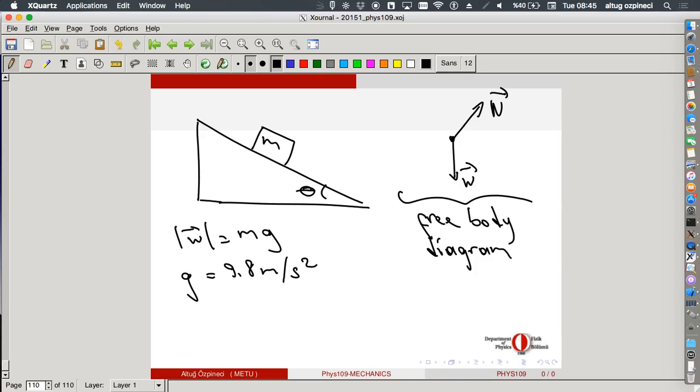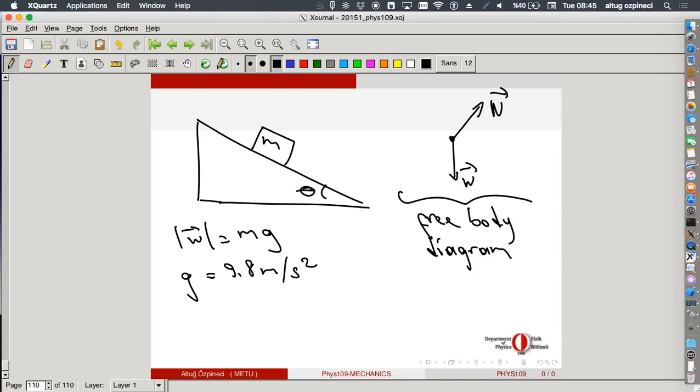We only show the masses that we are studying. In this case, we have a single mass, so we only show that mass, and we only show the forces, that's it. Nothing else. We don't show the decomposition of the forces, we don't show the inclined plane, we don't show the forces acting on the inclined plane, etc. Only the mass that we are studying and the forces acting on our mass.